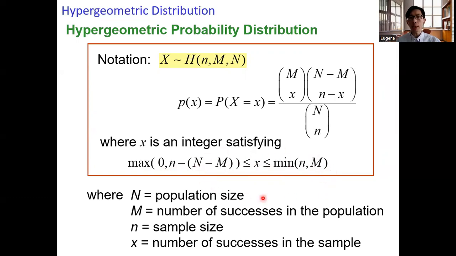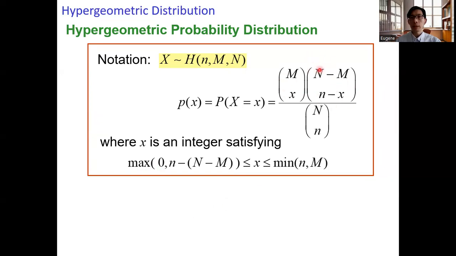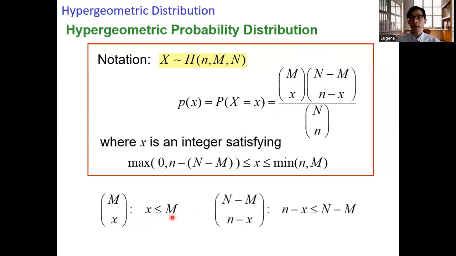This expression can be directly derived from the numerator of the PMF. We have the expression M choose x, so X should be less than or equal to M. And then another factor, big N minus big M choose small n minus X, and n minus X should be less than or equal to N minus M. So we have X should be greater than or equal to small n minus the factor big N minus big M.